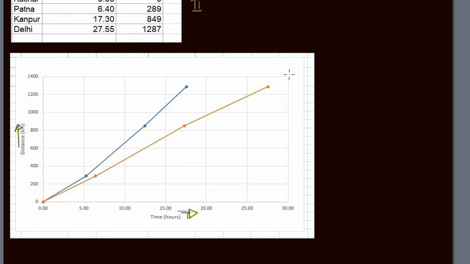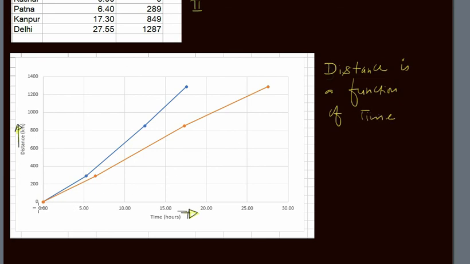We see that distance is a function of time.